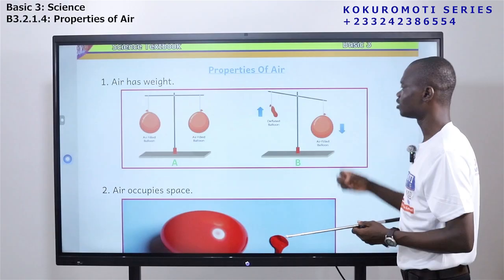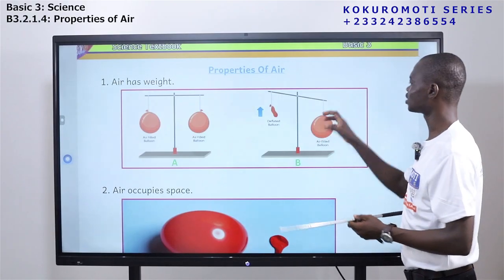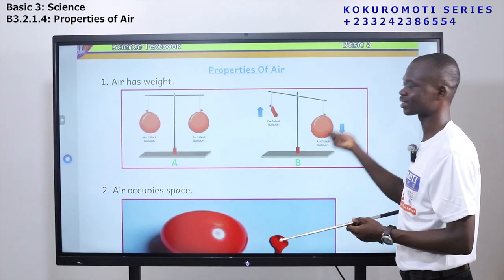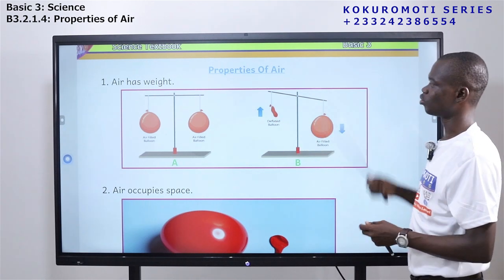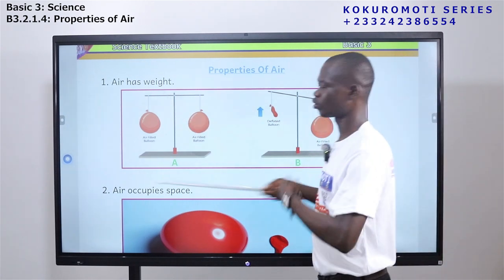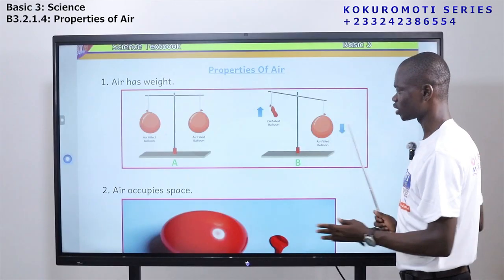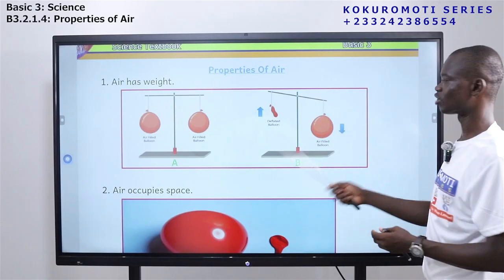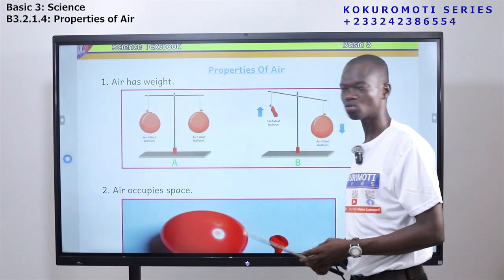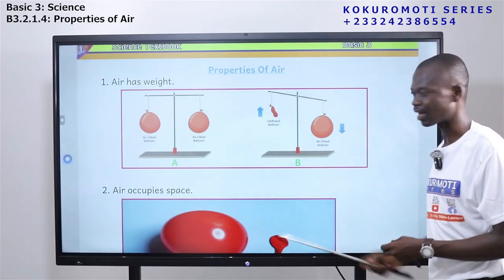Air is heavy. This is heavy because it contains air. This is light because it has no air in it. So this is a demonstration that air has weight. You can try this in the house or in school and you will see that air has weight.